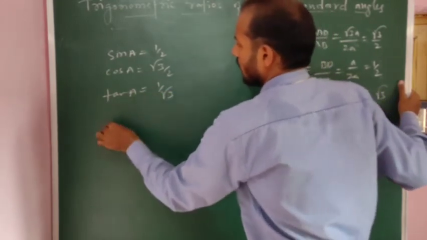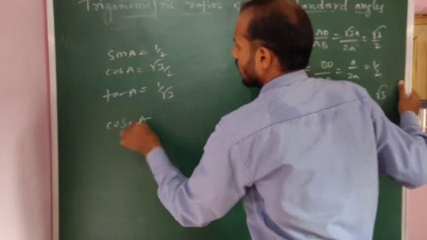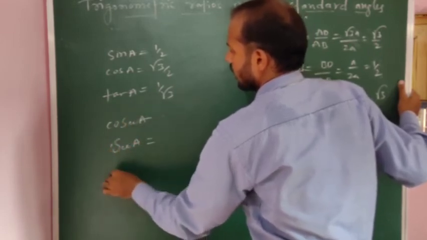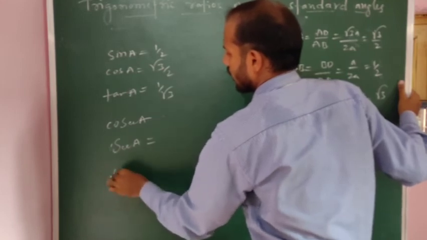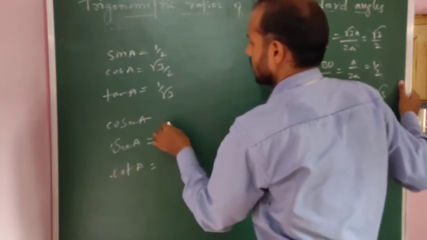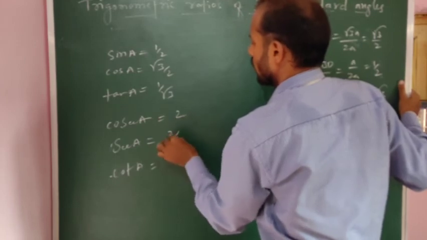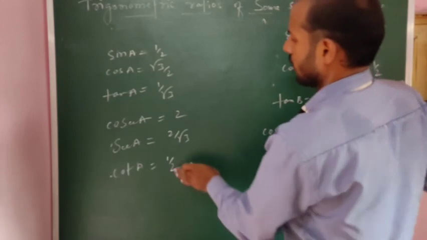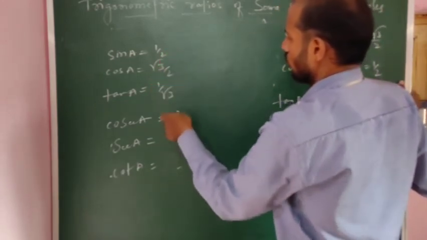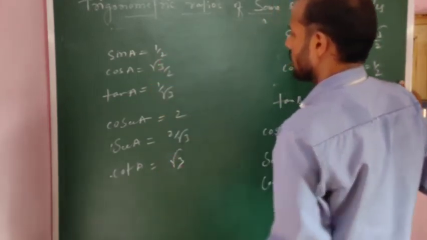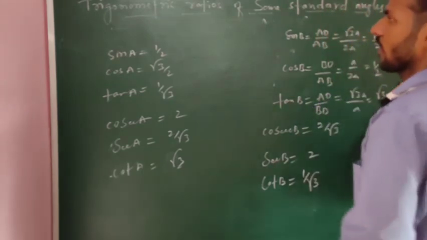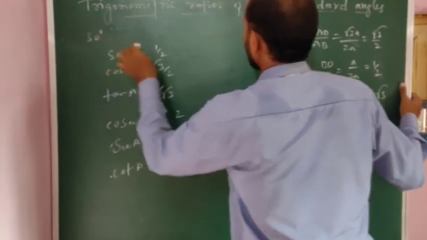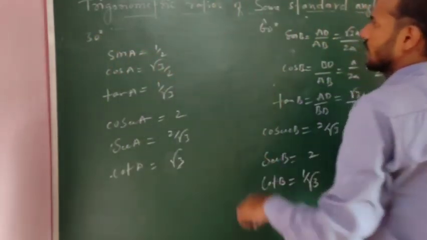The reciprocals, cosec A, sec A, cot A, are 2, 2 by root 3, and root 3. Just compare here, this is angle 30 degree, this is 60 degree, right?